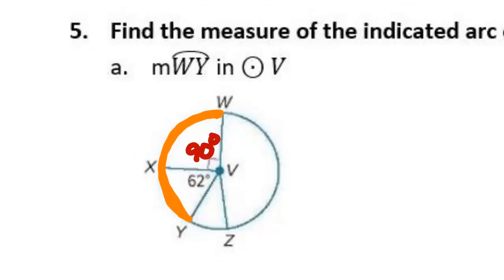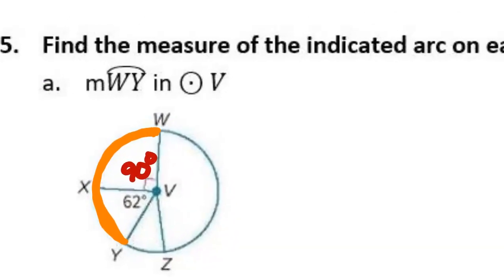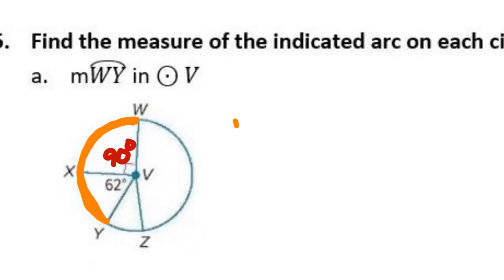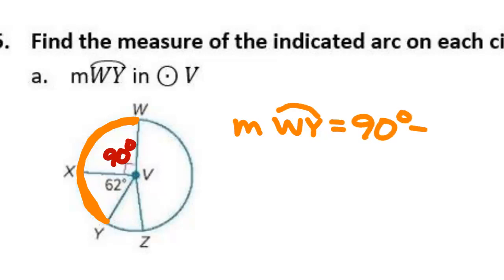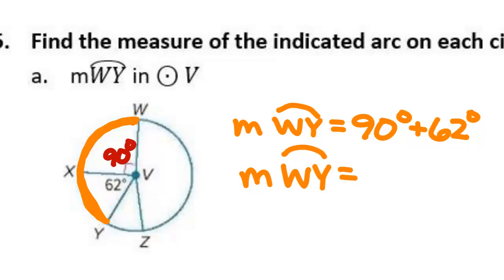Because I'm asking for WY, which when they give me an arc name with just 2 letters, it's always going to be the shortest distance between those. That's why we're just adding the 90 and 62. So the measurement of arc WY is equal to 90 degrees plus 62 degrees, which means it is how big? 152.